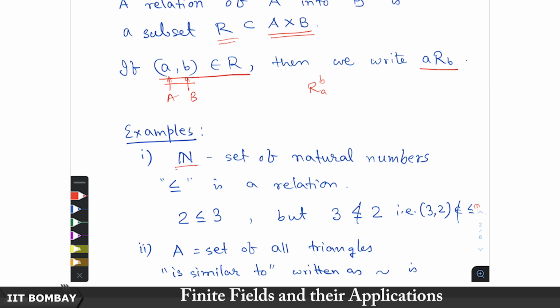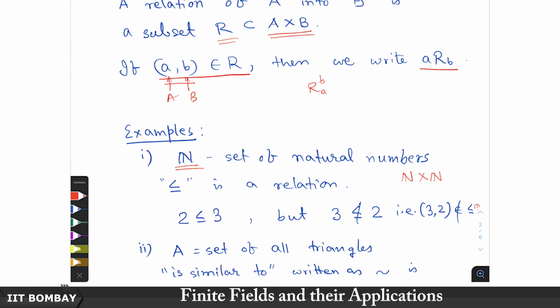Take the set of all natural numbers, which is denoted by this, and take the relation less than equal to. Some pairs have this relation. For example, 2 is less than equal to 3. So, less than equal to can be thought of as a subset of N cross N, that is pairs of natural numbers.